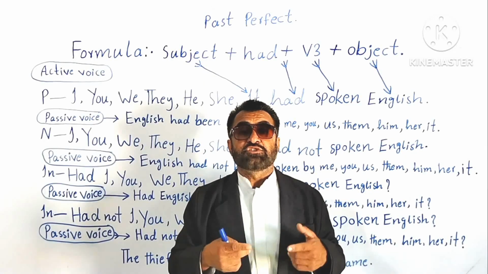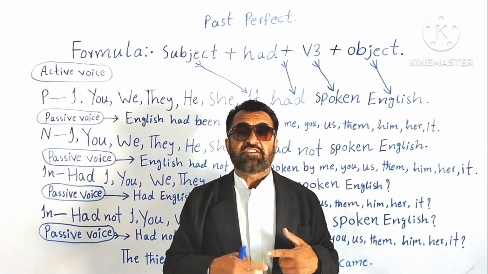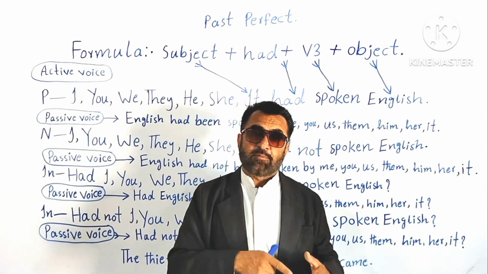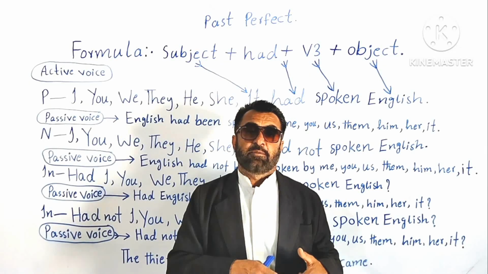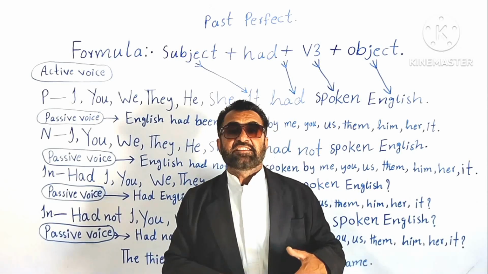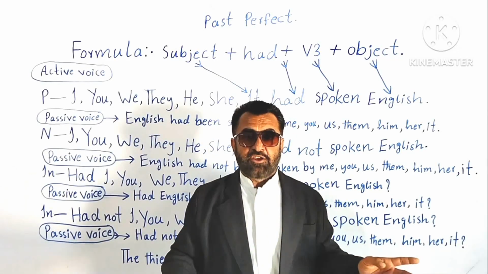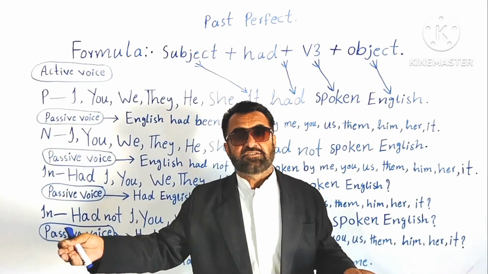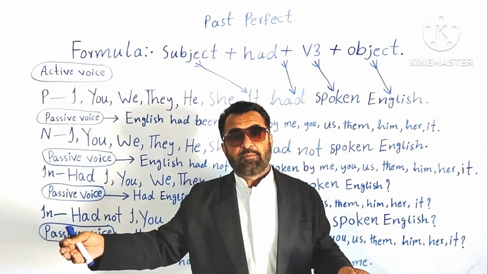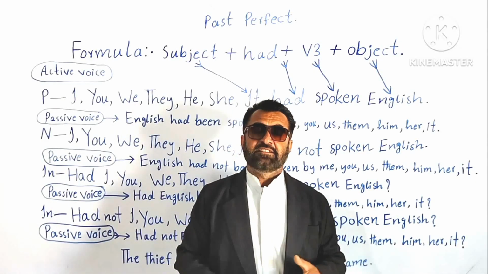So we join two sentences together to mention which of them came before and which came after. The first sentence can be in past perfect and the second in past simple. And even vice versa, you can bring the past simple at the beginning and past perfect at the end.